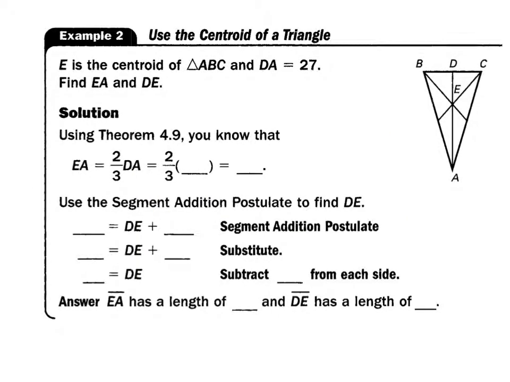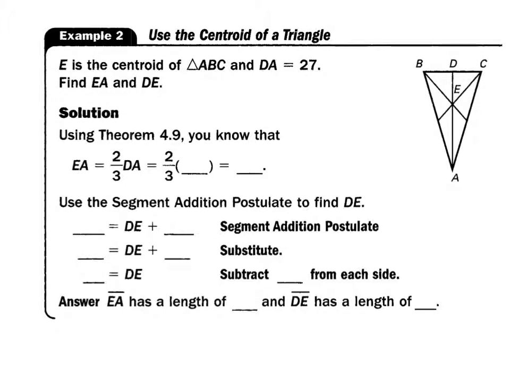Second example, use the centroid. Remember, the centroid, in our previous example, is P, where all three medians meet. So use the centroid of a triangle. In this diagram, E is the centroid of triangle ABC, and DA, the whole median, is 27.